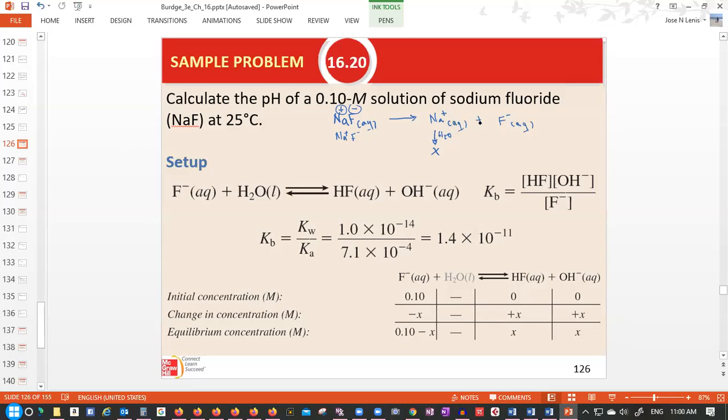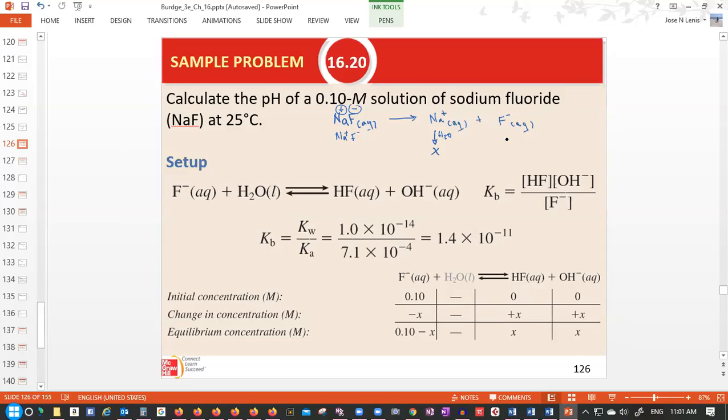So you should be able to identify what ions come from your salt and what ion is going to change the pH. If one of the ions is strong enough to react with water, it's going to make a change in the pH. If both ions are too weak to react with water, therefore no change in the pH of the solution, so we're talking about a neutral salt.